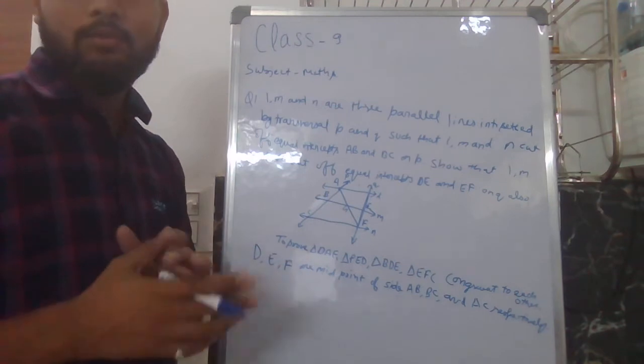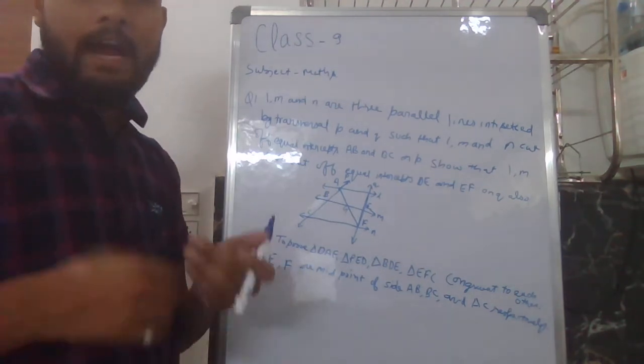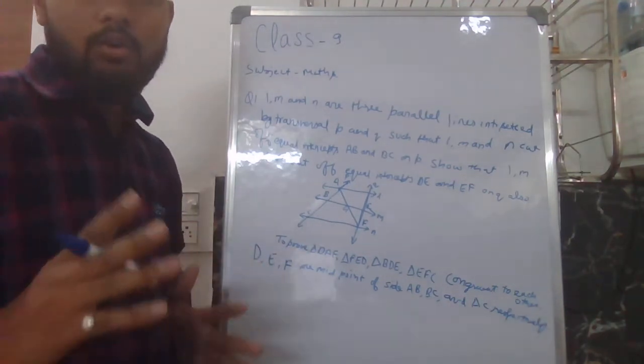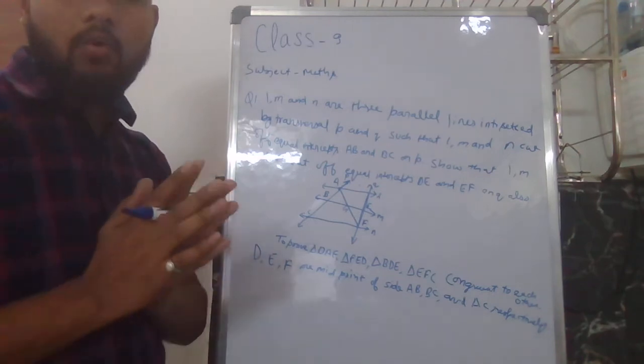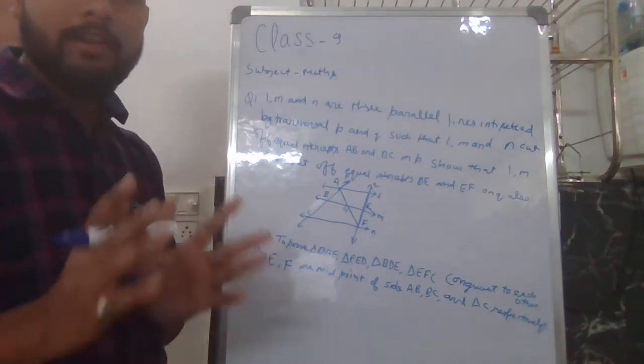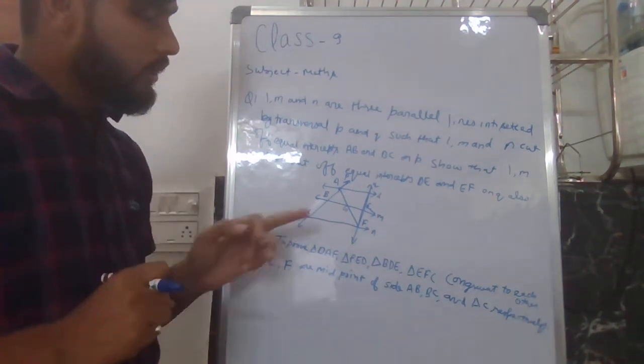Now you have an idea how to proceed with what we have to prove in this question. Now tell me how we can prove this theorem. For proving this theorem we will see that DE is equal to EF.